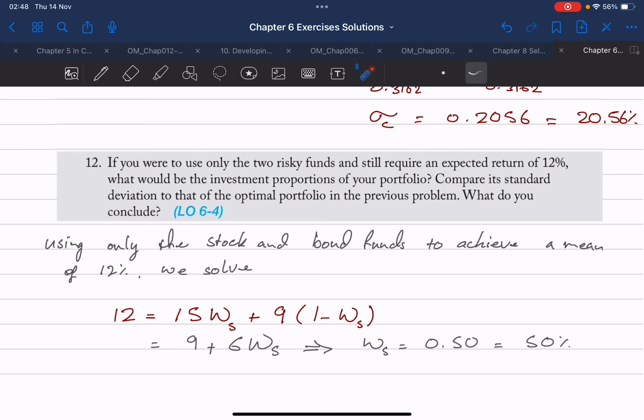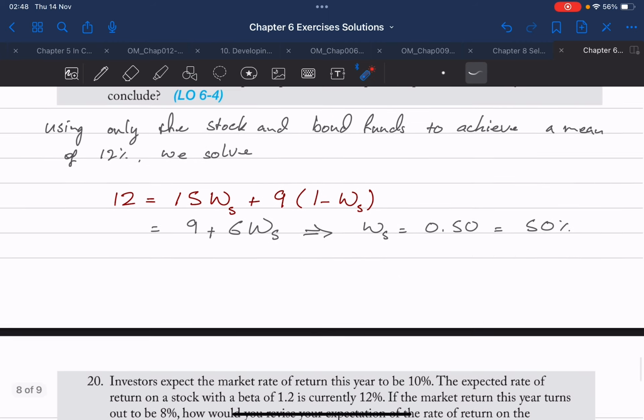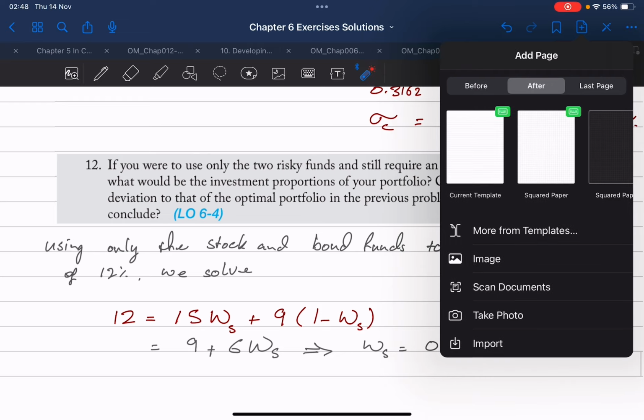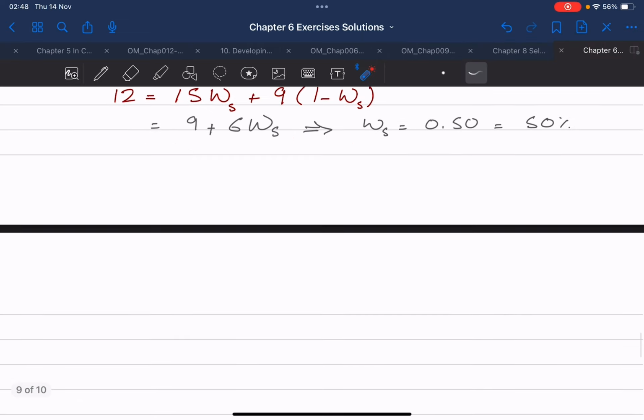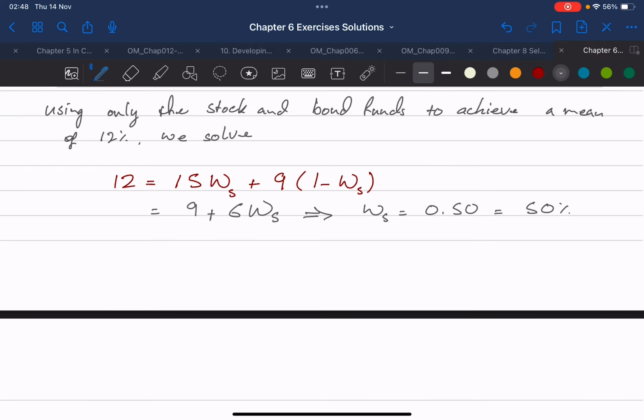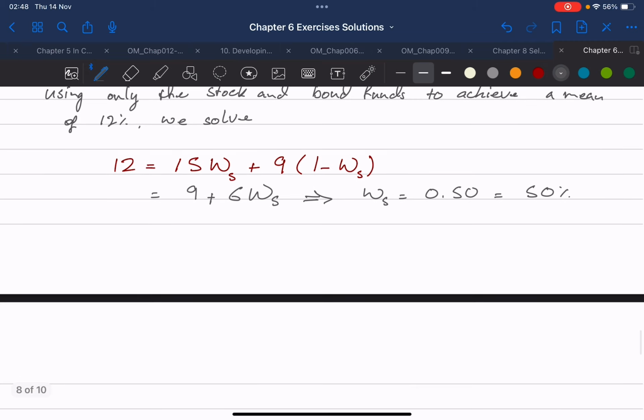So let's write that down. Let me add one more page here, just to have a complete answer.